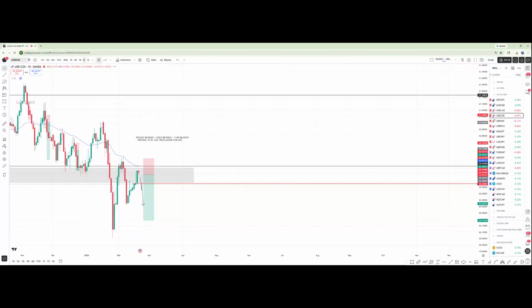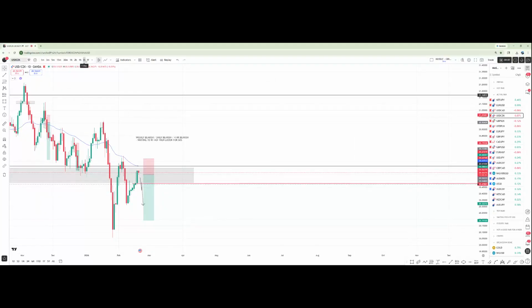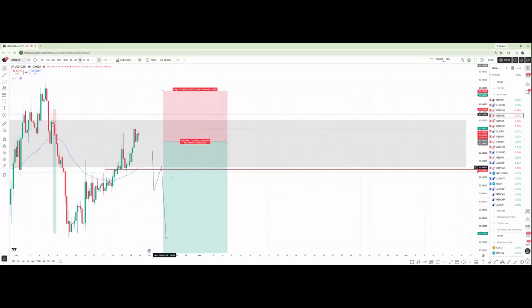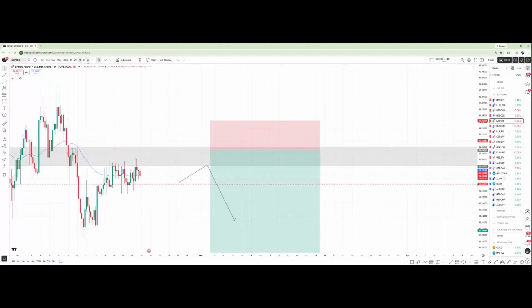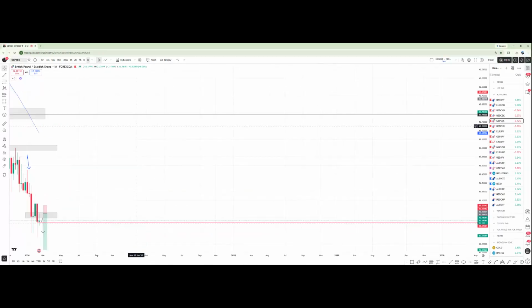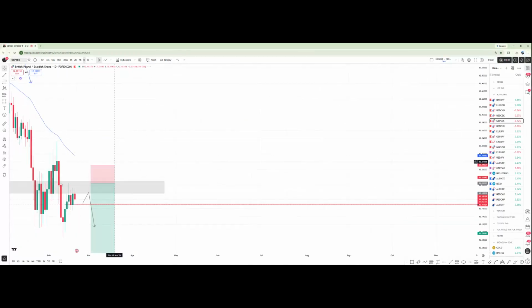USD SEK, this one is the same thing as the USD CAD. Doesn't give me what I want. Currently waiting for daily rejection together with the 4 hour shift of structure, just like this. GBP SEK, so this one we have a weekly wick pullback, daily looking good.